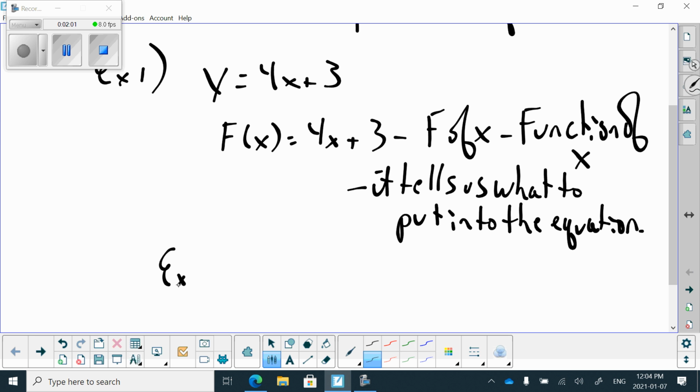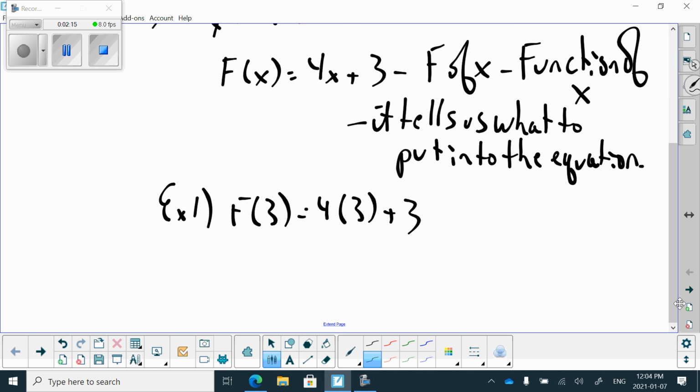Okay. So f of 3 would be what? 4 times 3 plus 2. Exactly. That's great. If you don't remember, I get it. And that we've done in grade 10. Does that look a little familiar now that I do it?